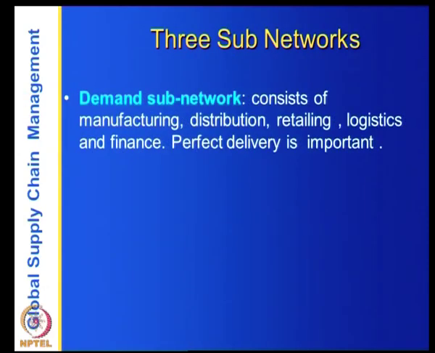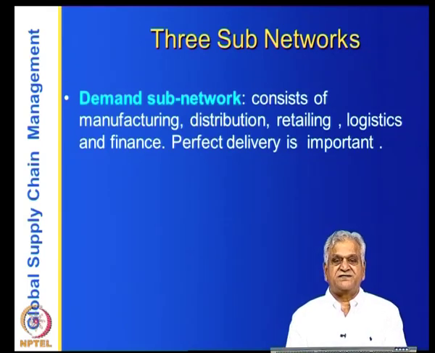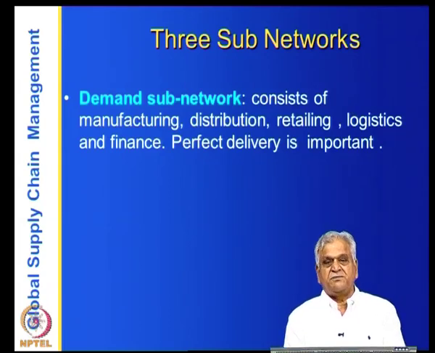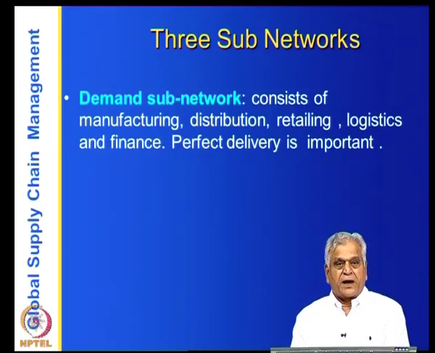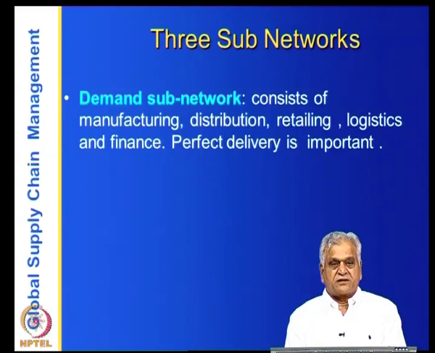And there are three subnetworks, as I said. One is the demand subnetwork. It has manufacturing, distribution, retail, logistics, finance. And here there is what is called perfect delivery. Perfect delivery is what is called Six Sigma delivery. With Six Sigma, if the customer makes an order, there could be several things which can make him unhappy.